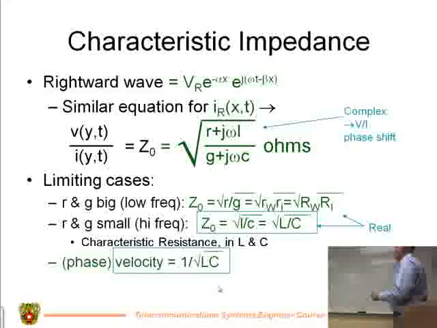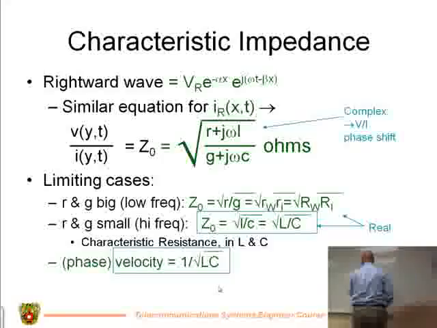So all that's left is the square root of R over G. Does that make sense? Because we plugged in 0, this is omega right here. So at DC, omega is 0, so the j omega L and j omega C terms both become 0. That part okay? Now let's look at the other side.